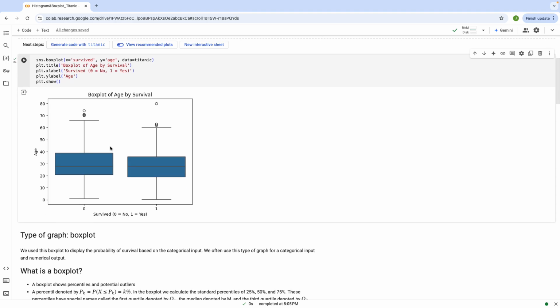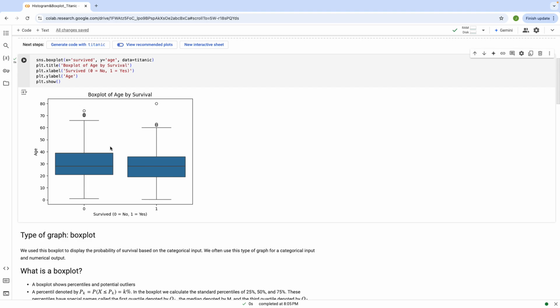A box plot is appropriate when you have a numeric input, such as age, and a categorical response, such as survived or not.